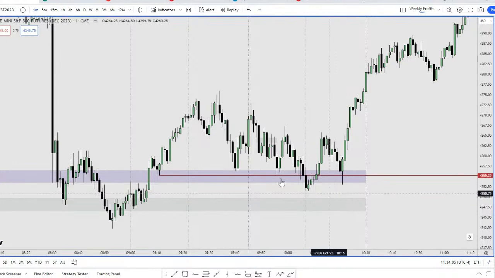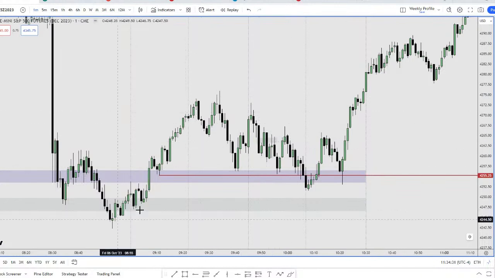Right here, you can see that we are always attacking the sell stops. Right here, and right here. Sell stops have been attacked many, many times, but it leaves the highs. So this is a form of accumulation as well.